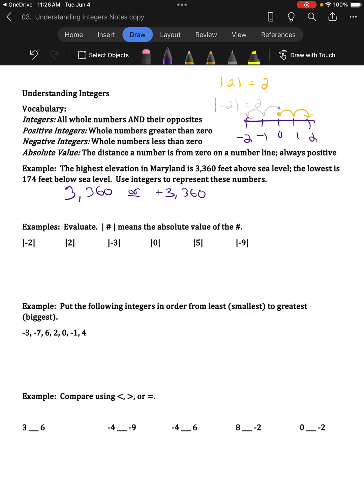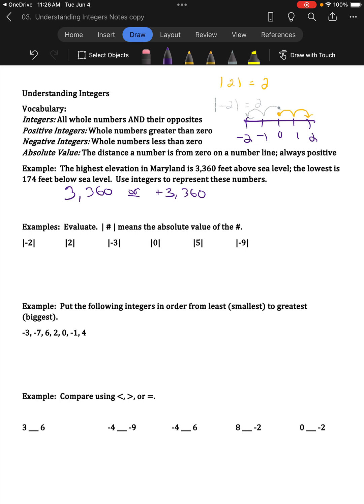Now, we assume, if there's no symbol in front of a number, that it is in fact positive, but if you want there to be no doubt, you can put the plus sign. And you will have some problems on tonight's worksheet that will show you the plus sign. That will only happen on tonight's worksheet, won't happen on quizzes or anything, but I just wanted you to be aware of it.